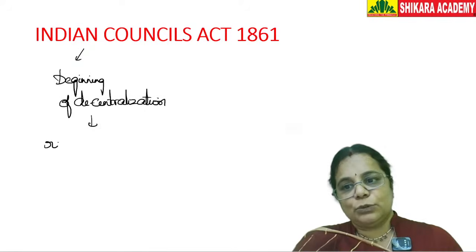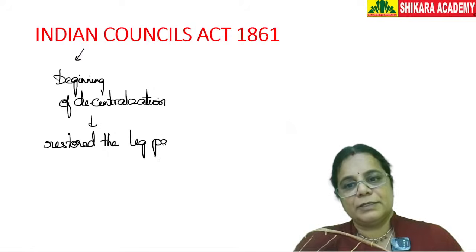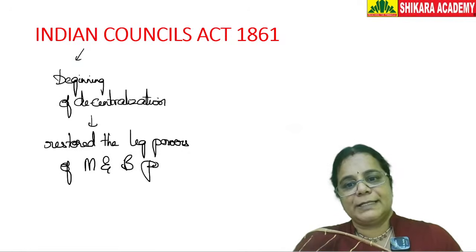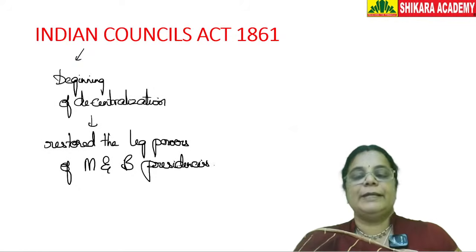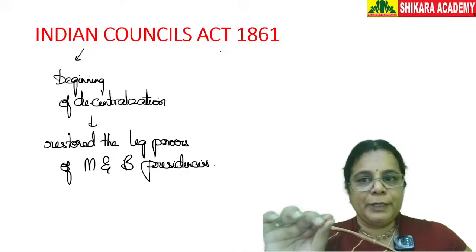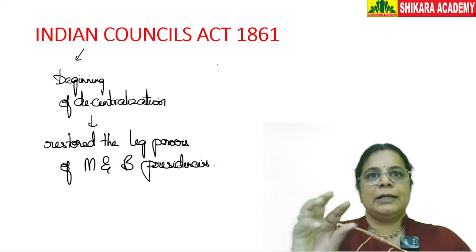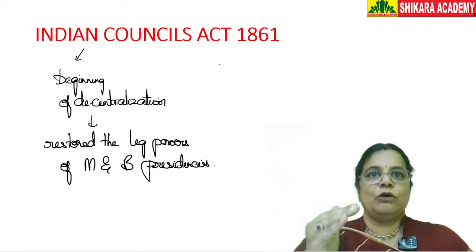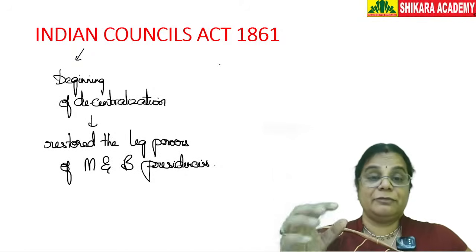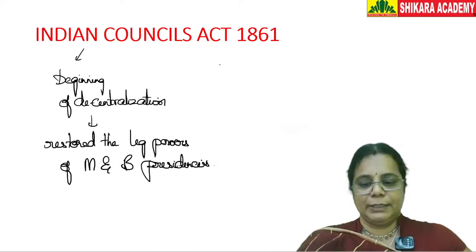It restored the legislative powers of Madras and Bombay presidencies. This was the change it brought in. And then from here on, you see the gradual introduction of parliamentary form of government, the features of parliamentary form of government in India.